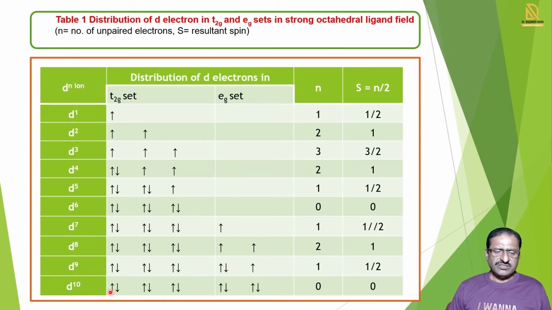In d10, the T2g and Eg orbitals are fully filled. So this is the distribution of d electrons in T2g and Eg.